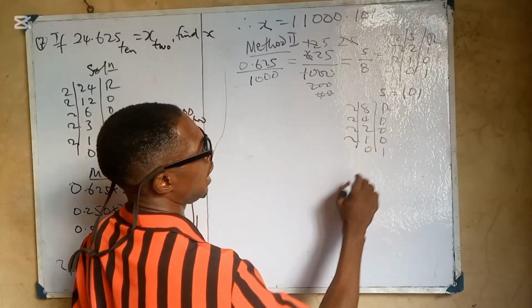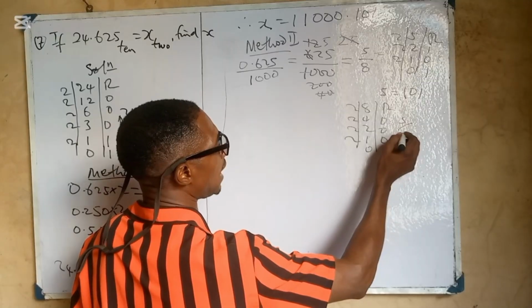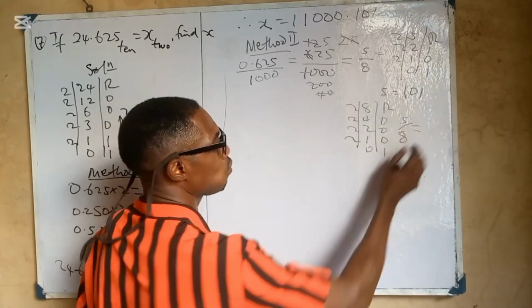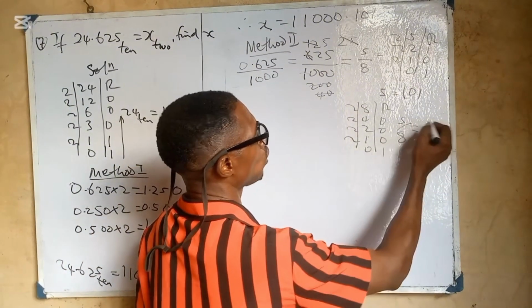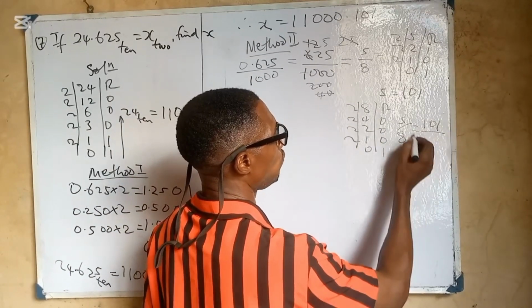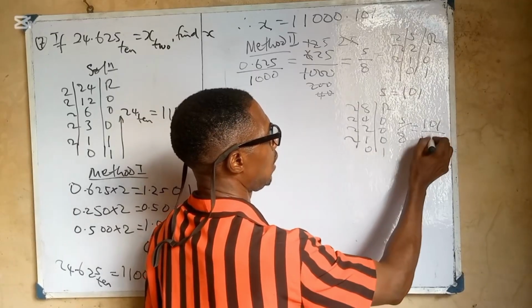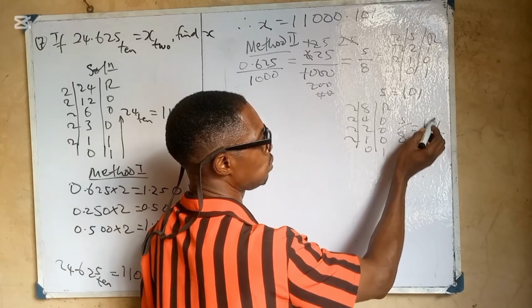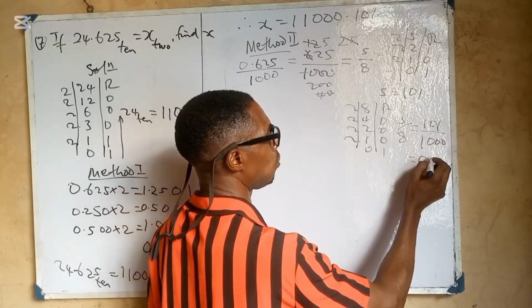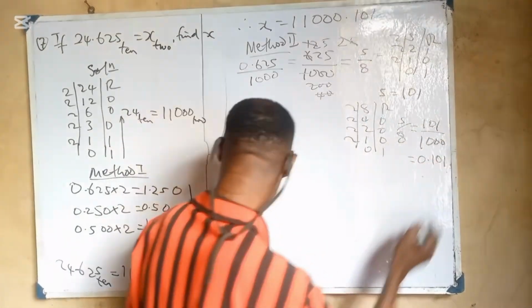All right, so 5 over 8 will be equal to 101 over 1000. If you divide it, you have 0.101.